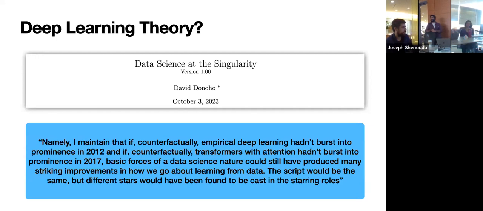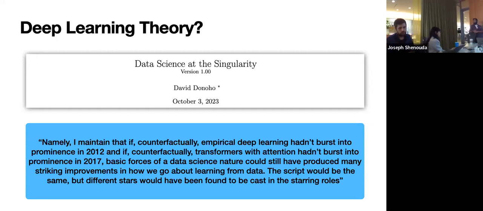I don't know about the goal of theory, because I think theory is good for its own sake. My question is, what's the most impactful theoretical result you can think of in the last few years in deep learning theory?